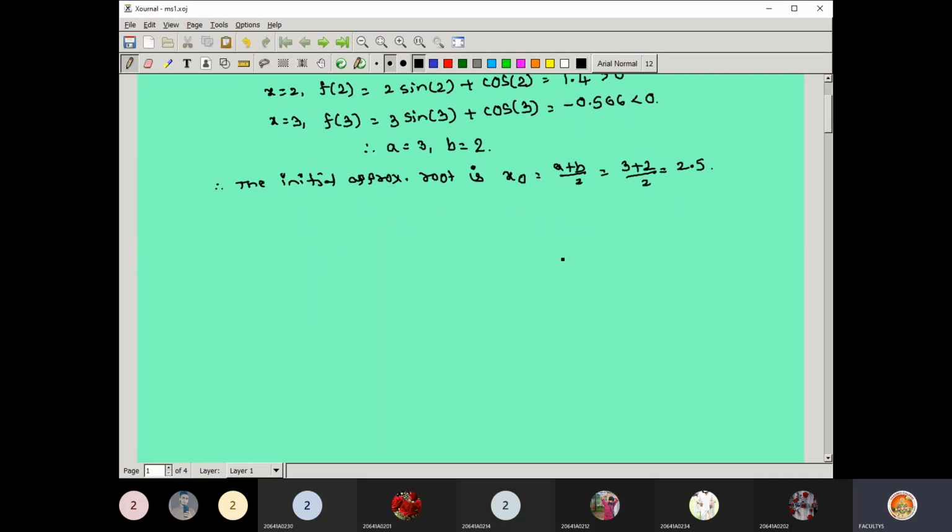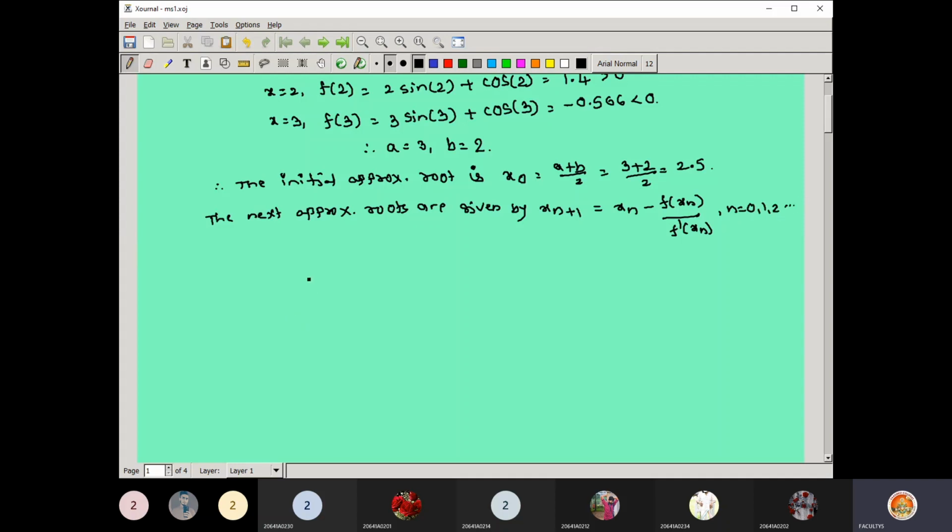Now you move to the next approximate solutions. The next approximate roots are given by the formula x n plus 1 equals x n minus f of x n divided by f dash of x n, where n takes the values 0, 1, 2 and so on.